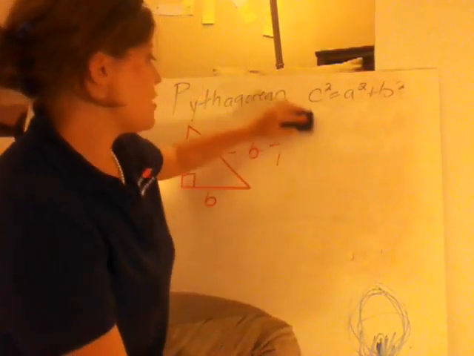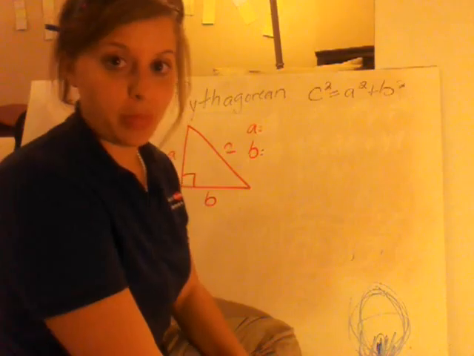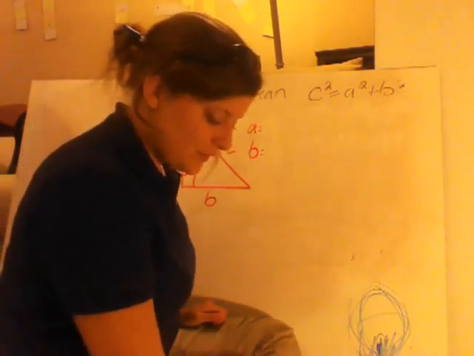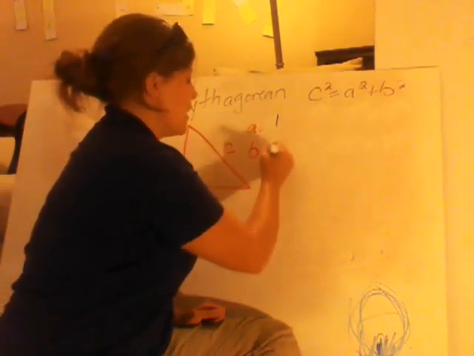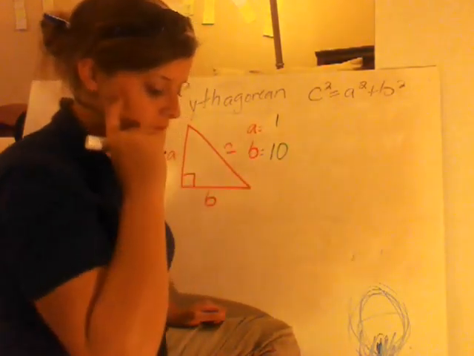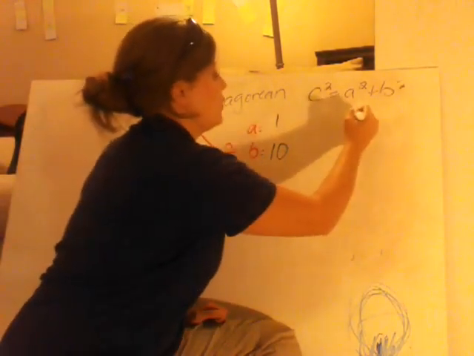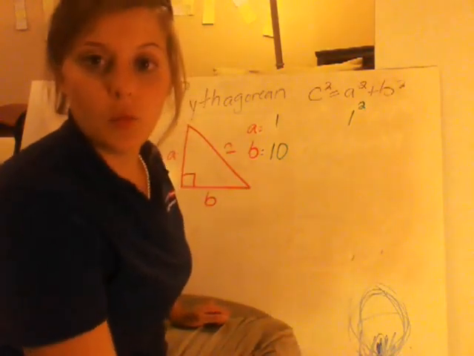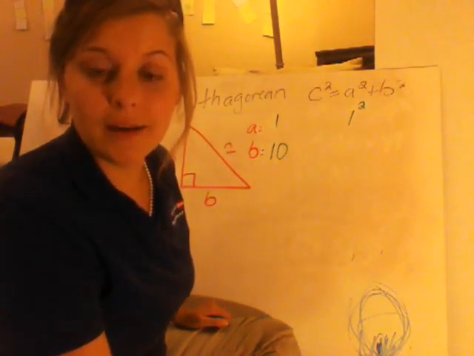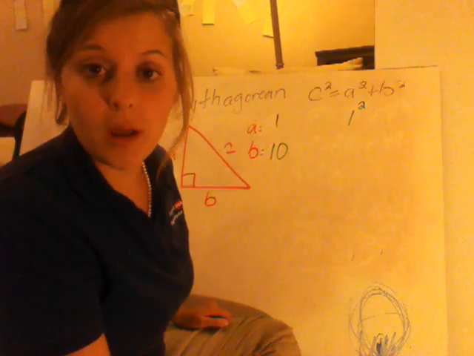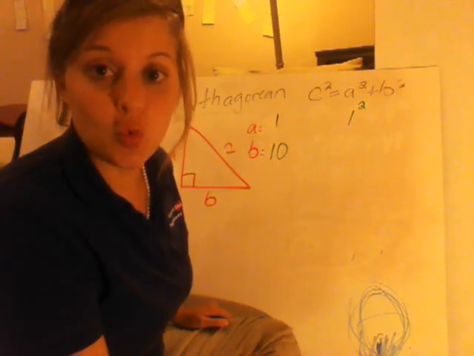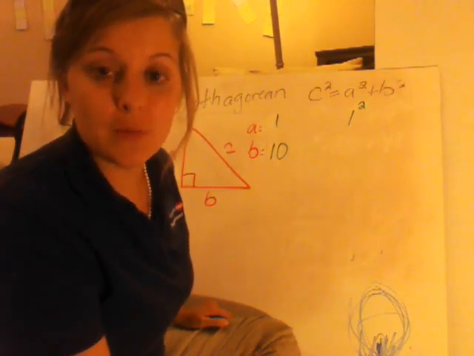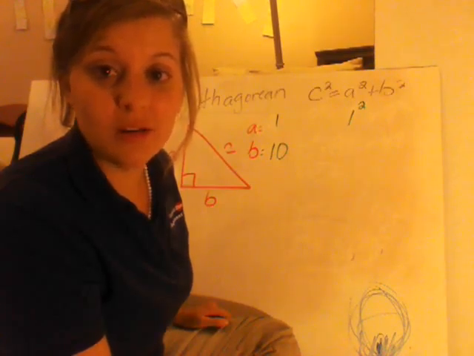This is going to be a two-parter, because I talk too much. Okay, number 15. A equals 1, B equals 10. 1 squared is 1. It is 1 times 1, not 2. Anything times 1 is still 1.